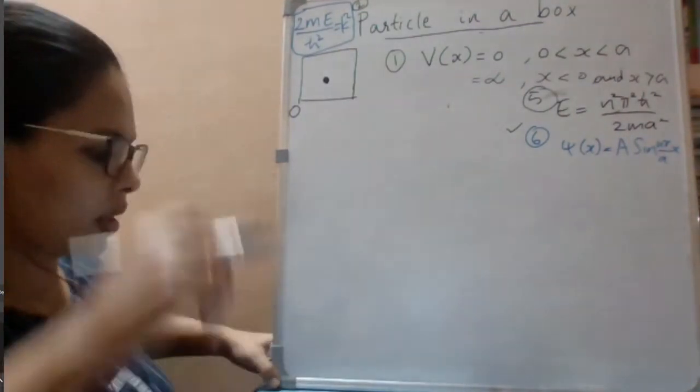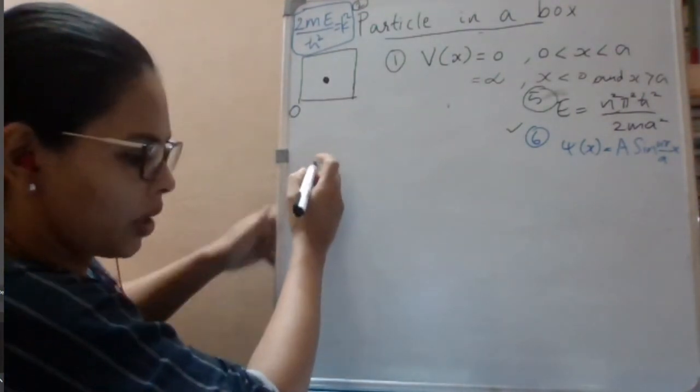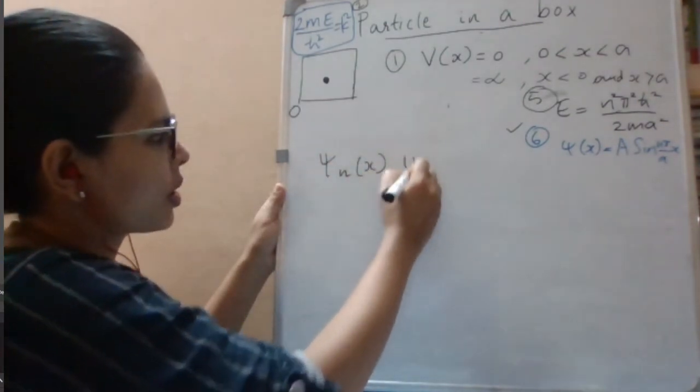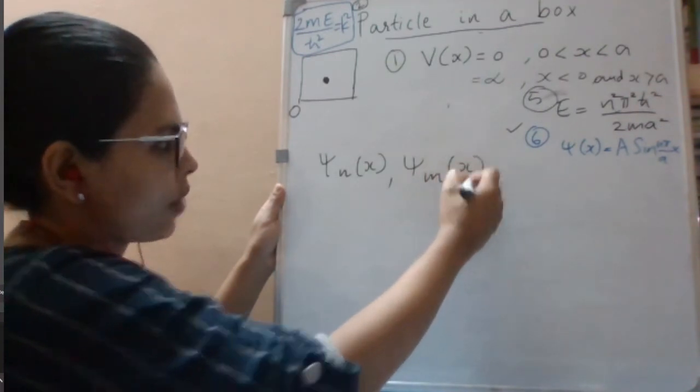In order to check the orthogonality, we have to use two distinct wave functions, psi n of x and psi m of x.